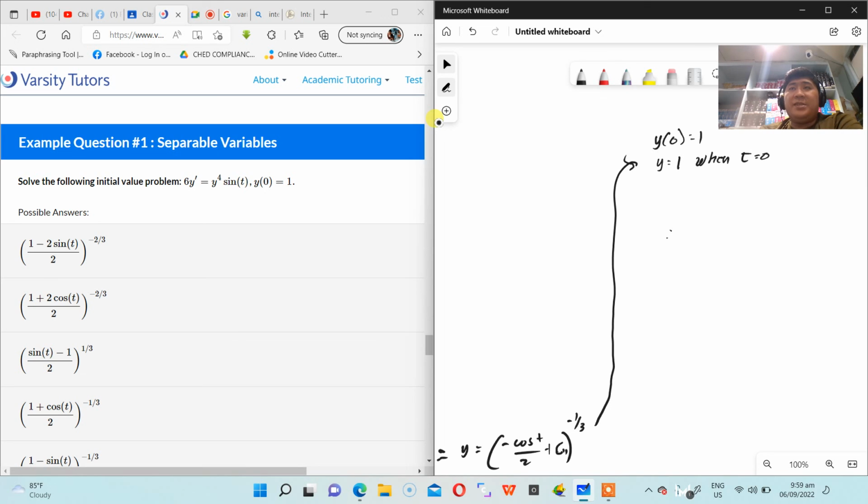So if t is 0, the value of y will be 1. From there we substitute. Your y equals negative cosine t over 2 plus c sub 1, raised to the power of negative 1/3. So y is 1 equals negative cosine of 0 over 2 plus c sub 1 raised to the power of negative 1/3.